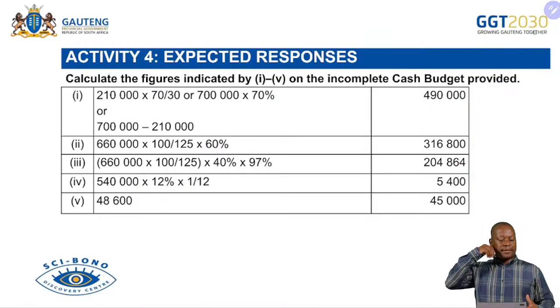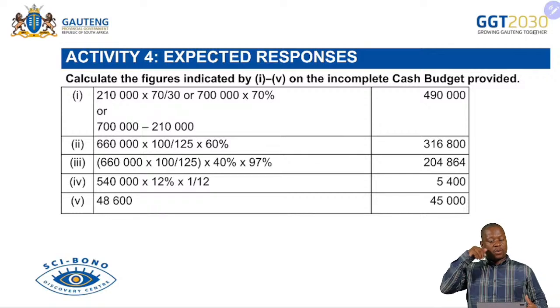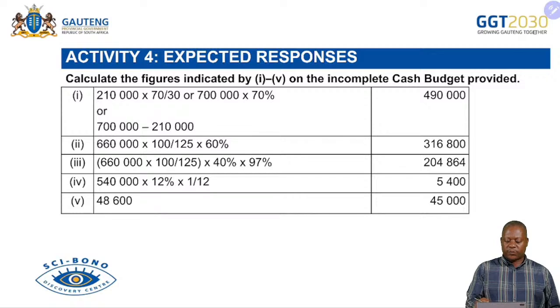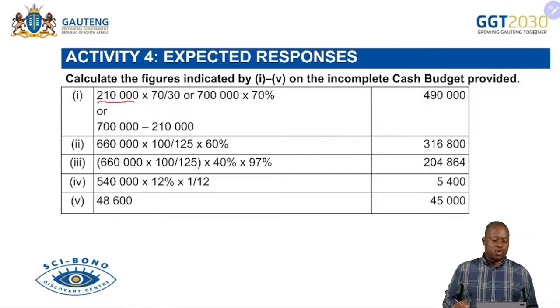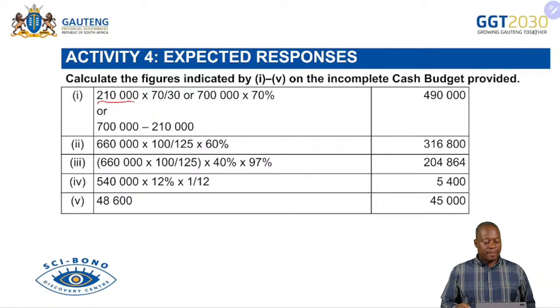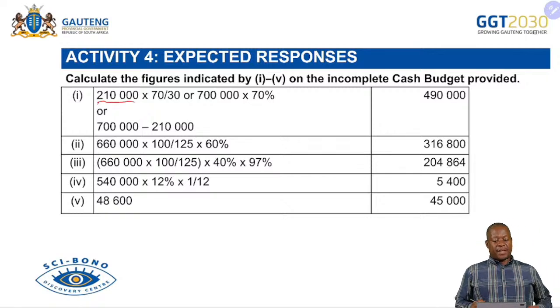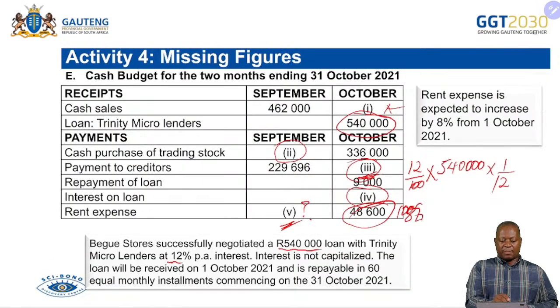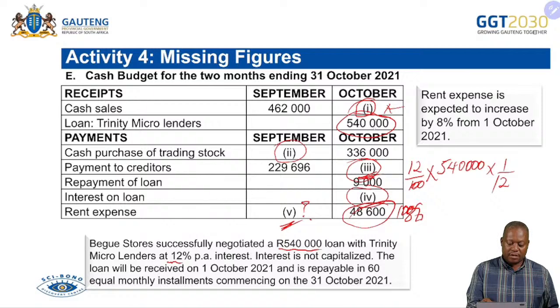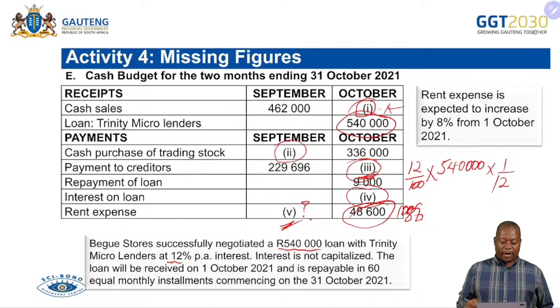So let's check how this is going to look when we check on the answers. Let's start with 1. We are just looking into the figure that we are already given here, the 230,000. Remember, we are looking for cash sales. And what is it that we are already given?